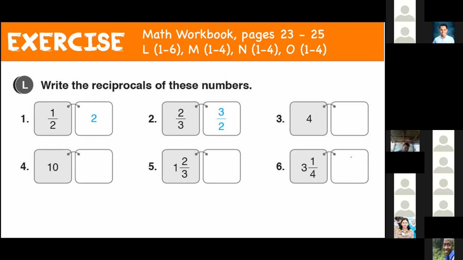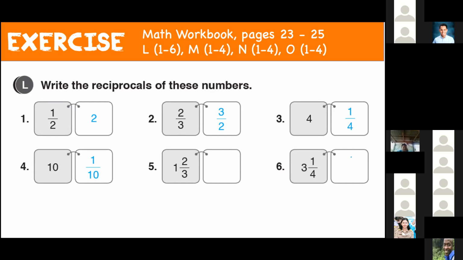Okay, number 3, 4 or 4/1, it becomes 1/4. 10/1 is 1/10. Number 5, 1 and 2/3. So 3 times 1 plus 2 is 5/3.